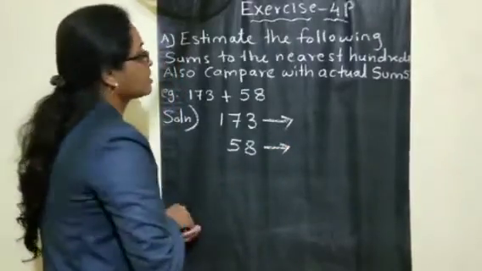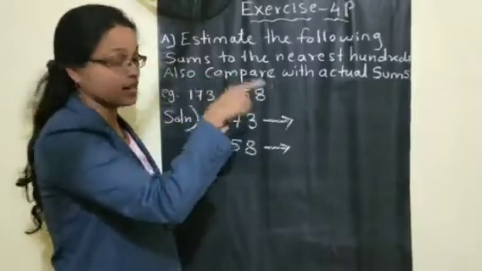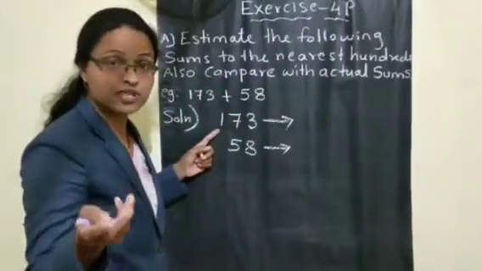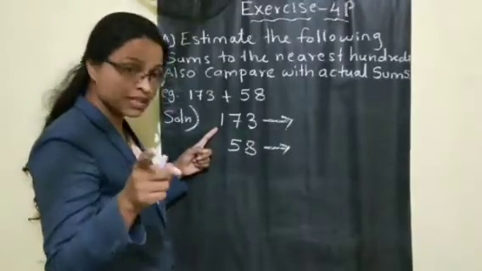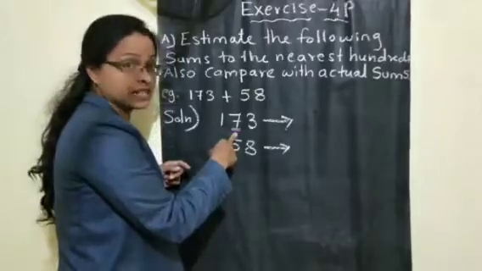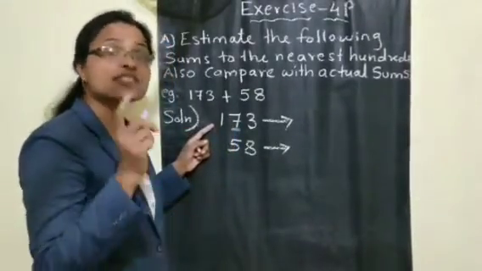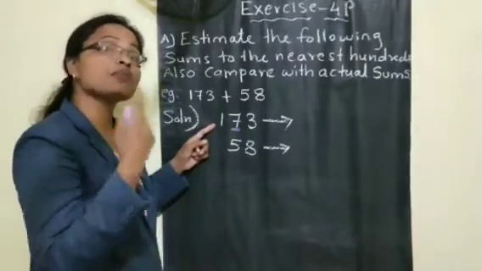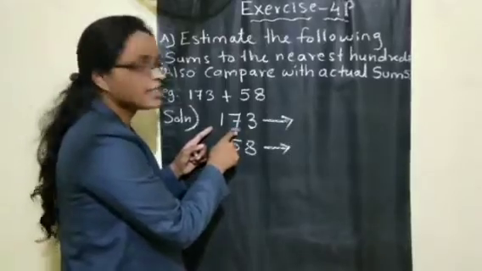Now children, we have to round off this number to the nearest 100. In the last session we saw that when we are rounding to the 100 place, which place do we have to observe, children? The tens place. Observe the tens place and decide whether the 100 place will change or remain the same. Here the tens place is 7.